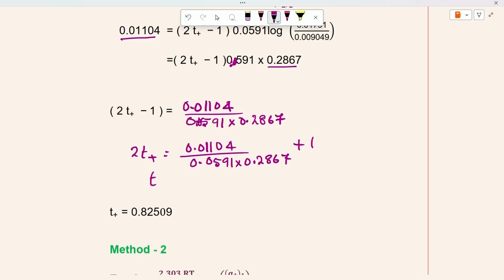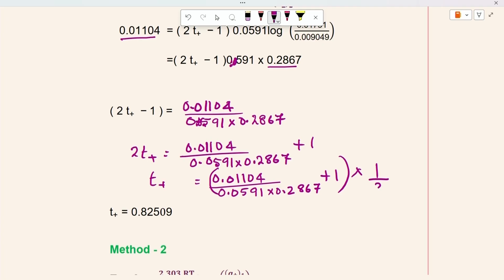So t plus will be equal to 0.01104 whole divided by 0.0591 into 0.2867, plus 1, and this should be multiplied by 1 by 2.